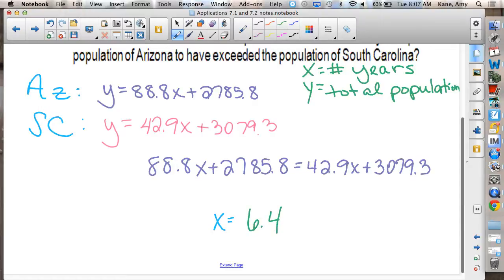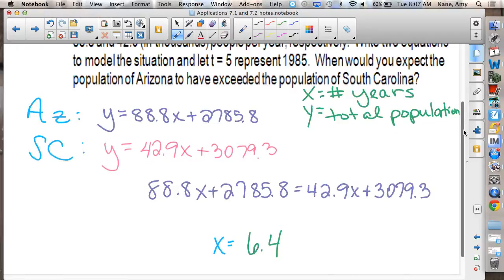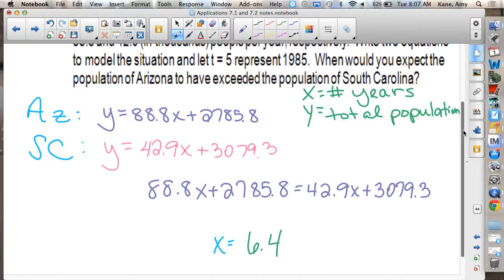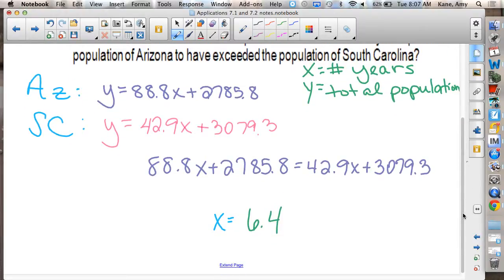Anybody else get 6.4? So what does 6.4 mean? When would you expect the population of Arizona to exceed the population of South Carolina? What does the 6.4 mean?